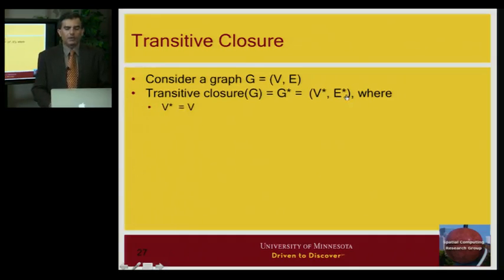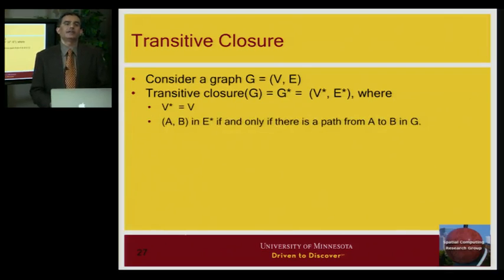Formally, the set of vertices is the same as the set of vertices in the original graph. So V and V star are the same, but the set of edges is much richer. Not only do we have the original edges, but we also add all the paths.